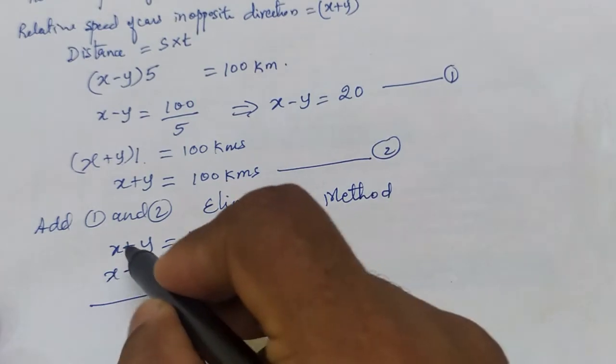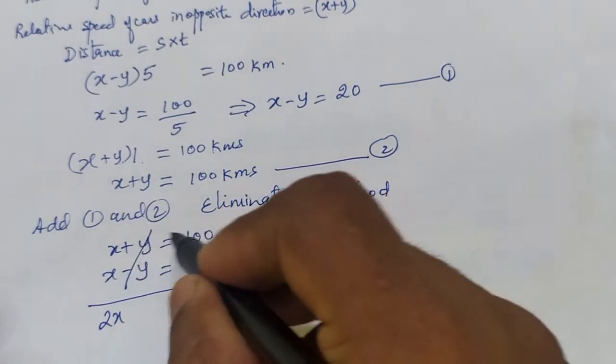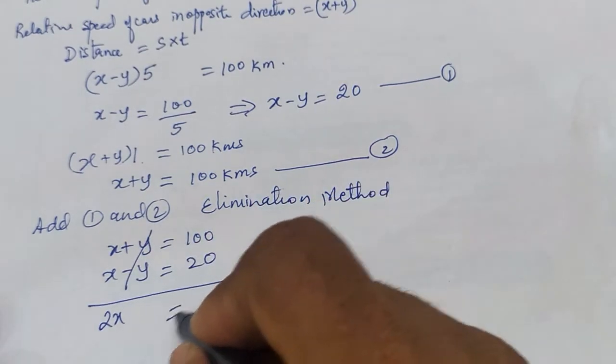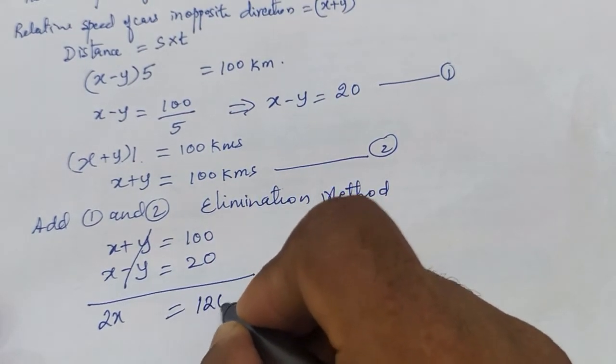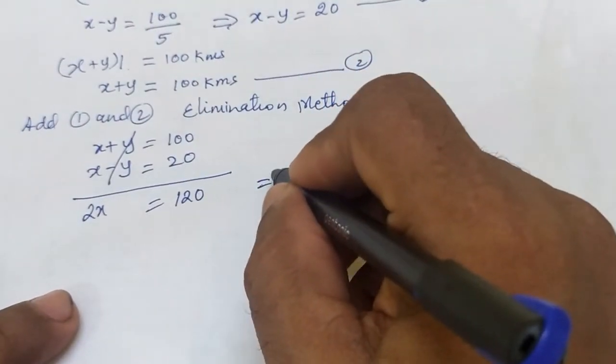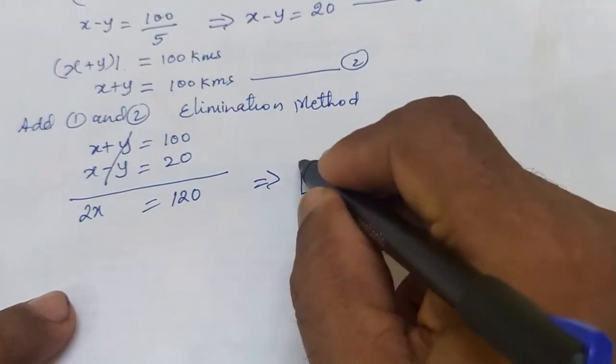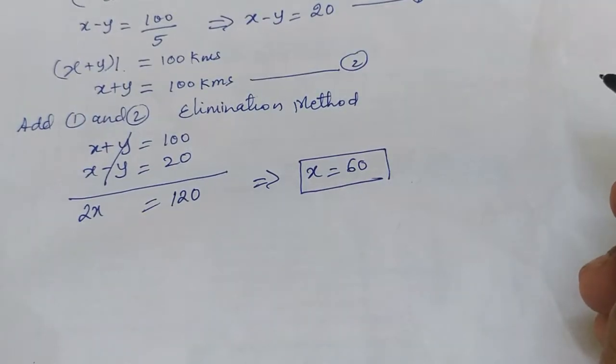So when we add, x plus x is 2x and y minus y gets cancelled, and 100 plus 20 is 120. From 2x is equal to 120, that means x is 60. So this is one of the speeds.